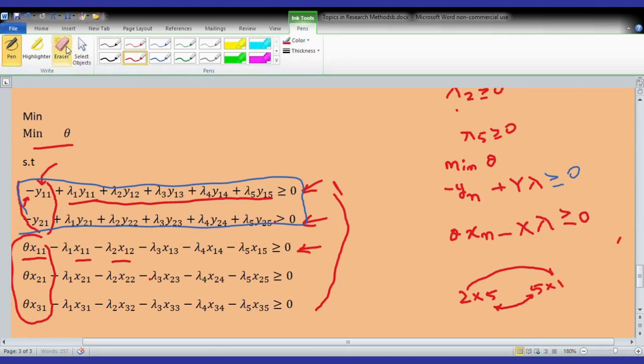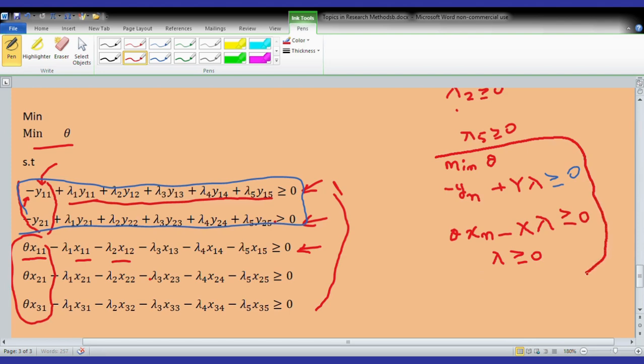And then finally we need to put the restriction that we had found when we were writing down the dual, and it was that lambda has to be equal to or greater than 0. Lambda is the vector, you know. So minimize theta subject to this set of constraints.